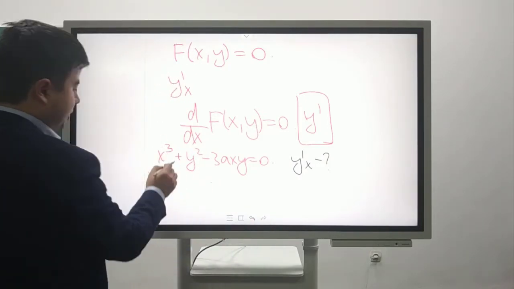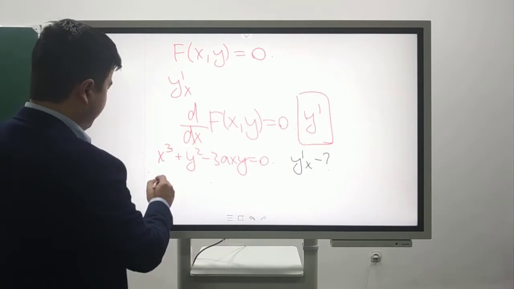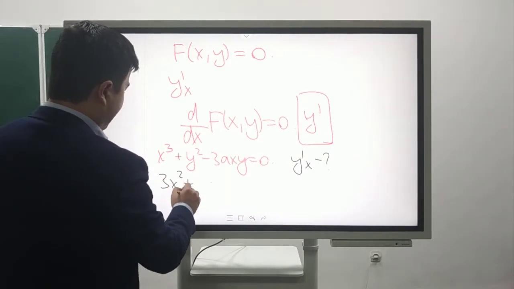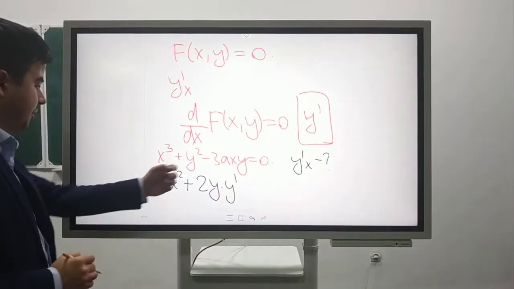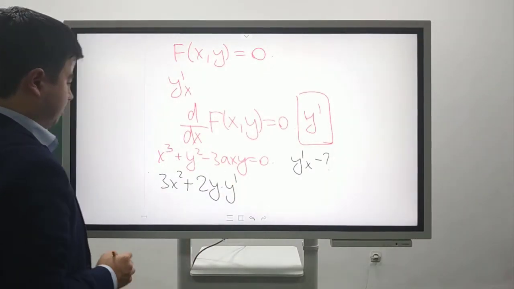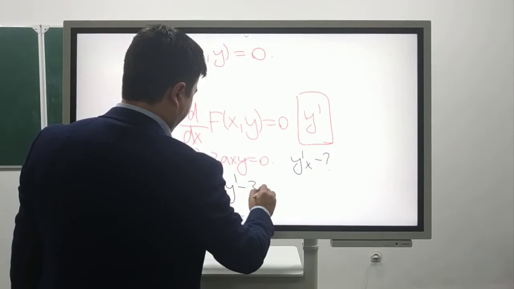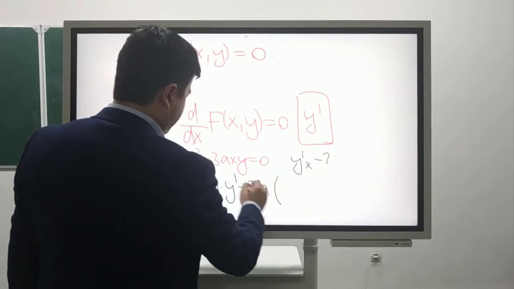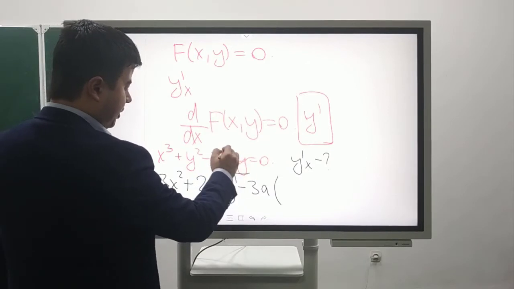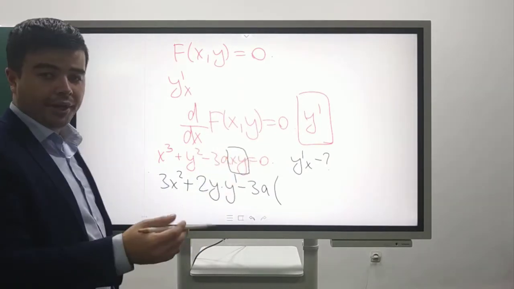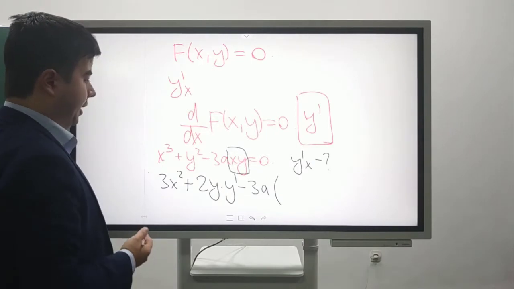So here we have x cubed, which is just a function depending on x, so it is 3x squared plus 2y times y prime, because y is a function of x, minus 3a, and now the derivative of the multiplication of these two functions, x and y, where y is a function depending on x.